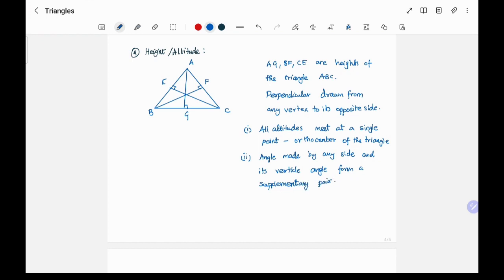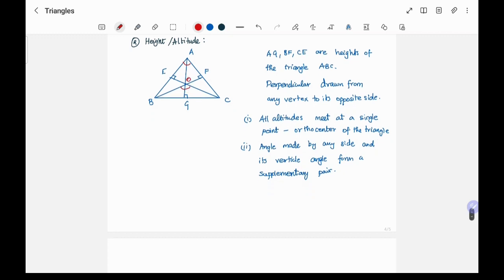So what do you mean by vertical angle? So let's say this is A and BF and CE are the altitudes, and let's say this is orthocenter O. Angle BOC is the vertical angle of A. So angle A plus angle BOC is equal to 180 degrees.